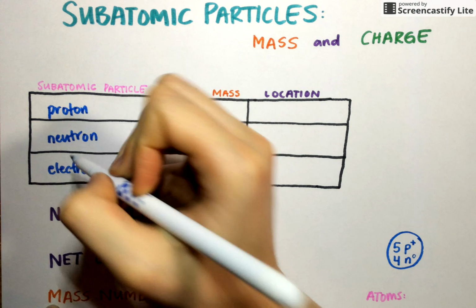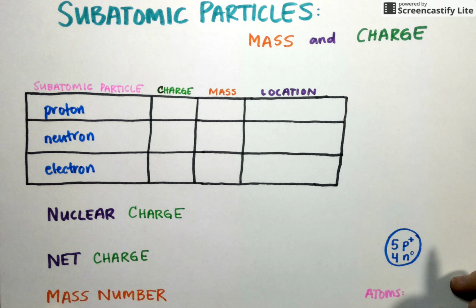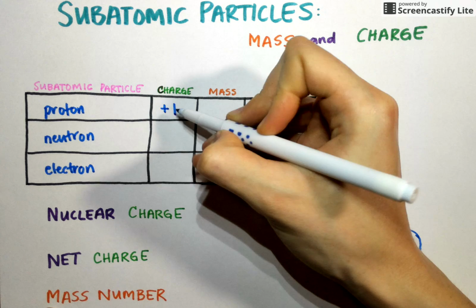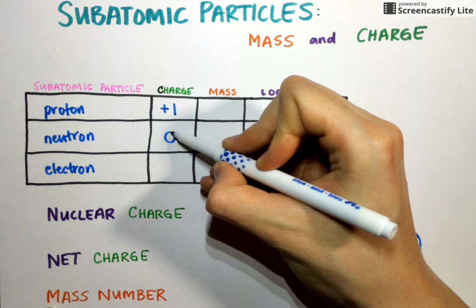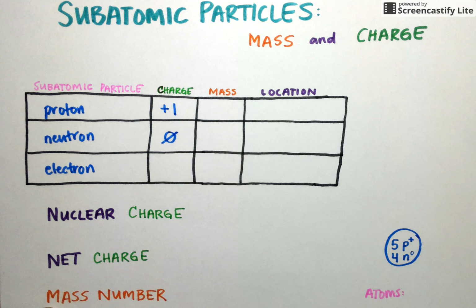So we now know of three subatomic particles that exist: the proton, the neutron, and the electron. These subatomic particles each serve their own purpose in the atom.